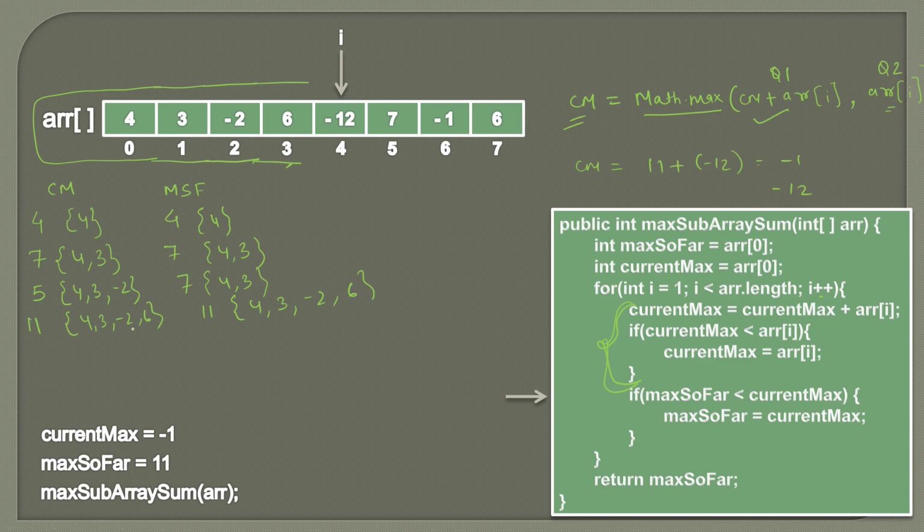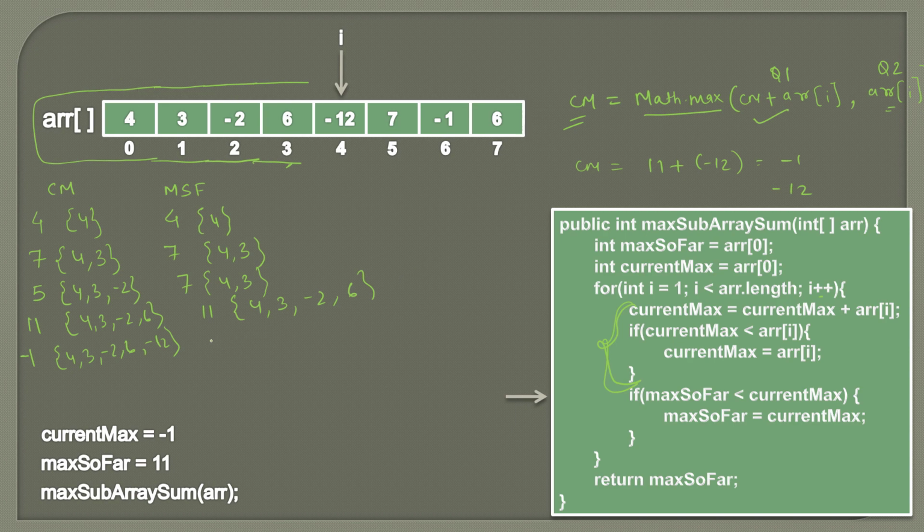And the current max, which is minus 1, is actually less than max so far, so this if condition also will come out to be false. So max so far will remain 11, which makes sense because a subarray whose maximum sum is 11 is being found from these 4 elements.